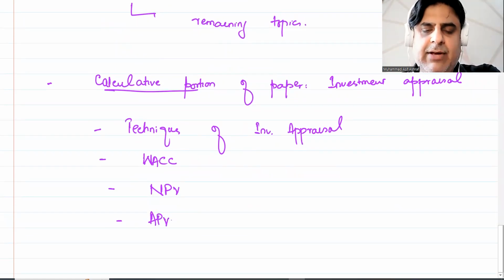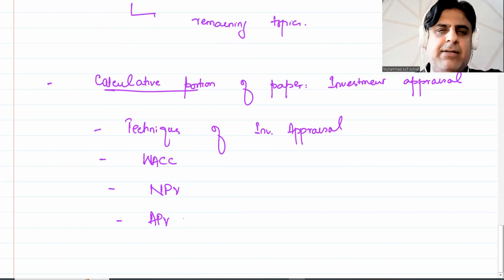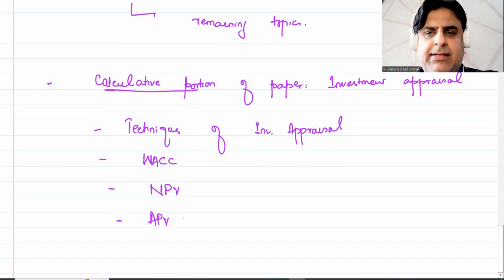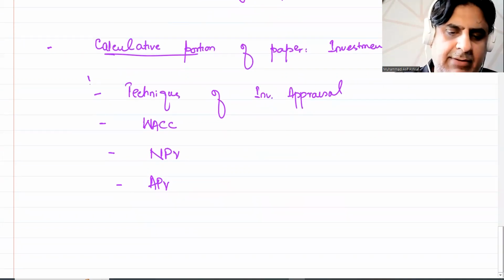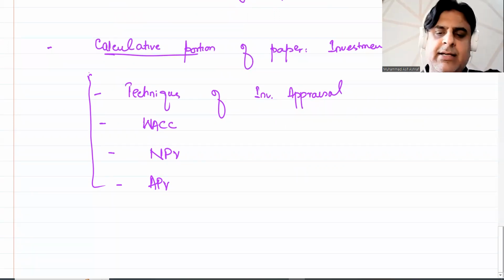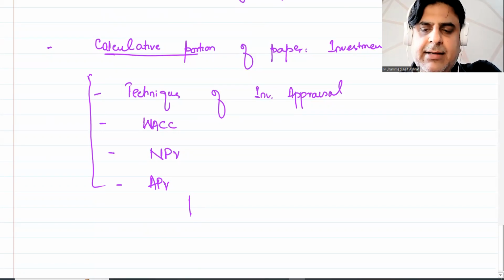Then we will proceed to the adjusted present value, APV method. This is a new topic. You are not basically familiar with this topic. First of all, we will cover the calculation of these 4 topics. Then we will move towards some of the theoretical portions.